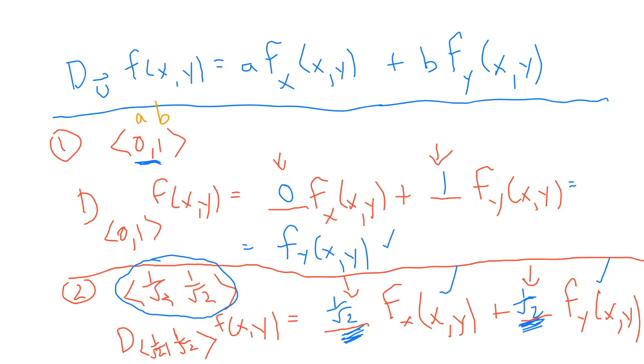Why would that be? What can you tell me about this vector 1 over root 2, 1 over root 2 in regards to the x and y axis?